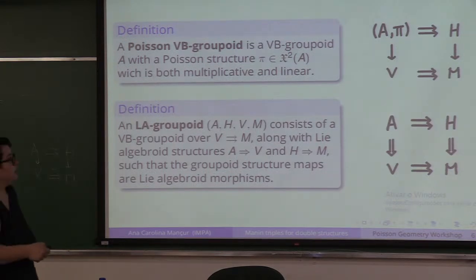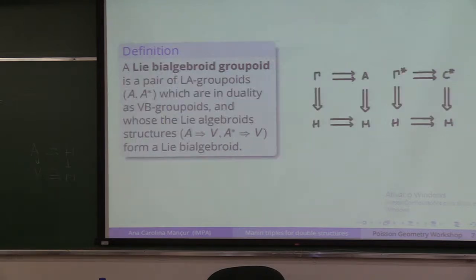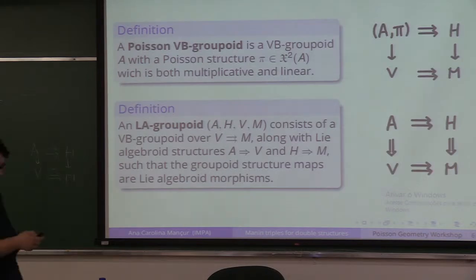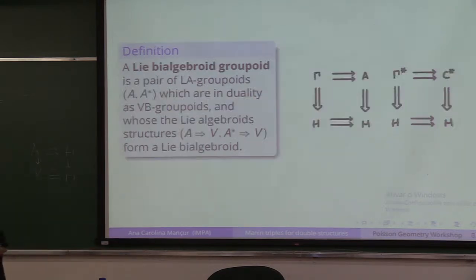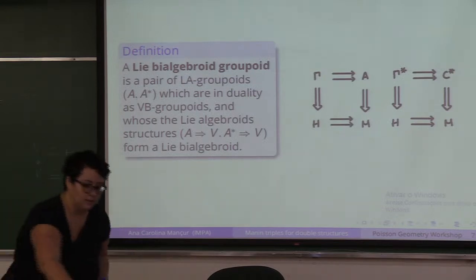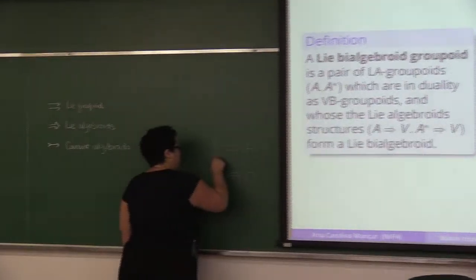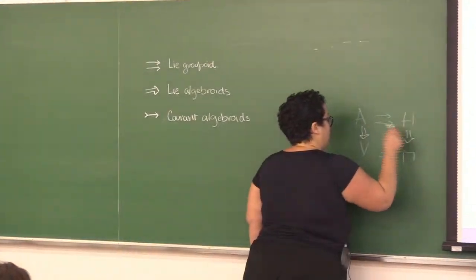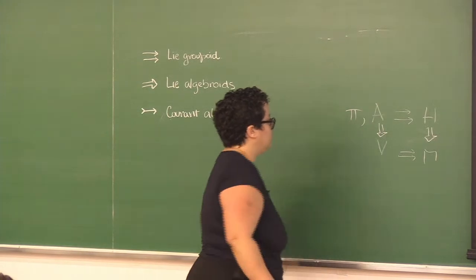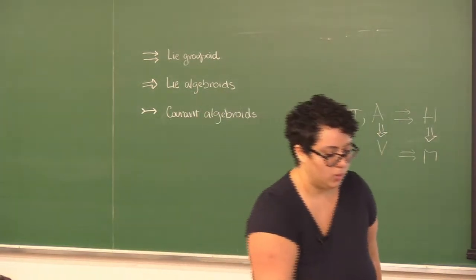Because here you can take the dual of A in this direction and you get an algebroid. And the compatibility works here. And if you put a Poisson structure here, what do you have? So we have an object like this. We can call it a Poisson LA groupoid.